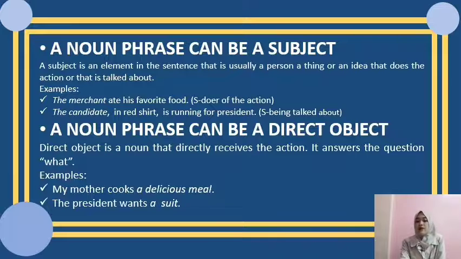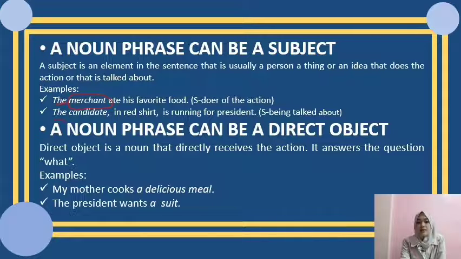The pattern here is determiner plus noun. The subject here is the doer of the action. The second example has the same pattern as the first: determiner plus noun.